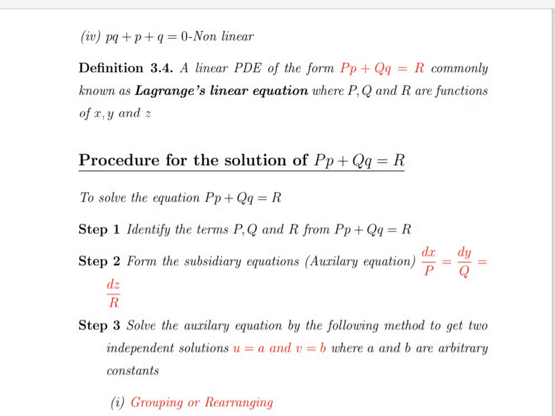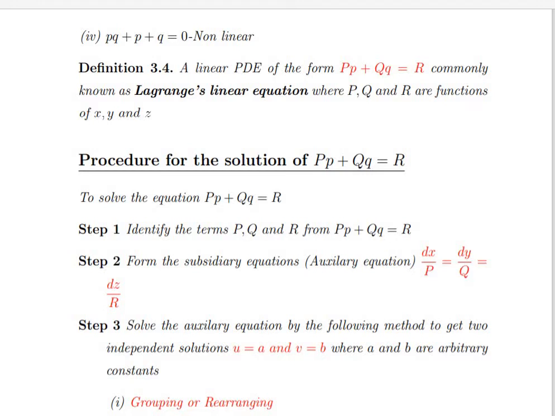A linear PDE of the form Pp + Qq = R is commonly known as a Lagrange's linear equation, where capital P, Q and R are functions of x, y and z.